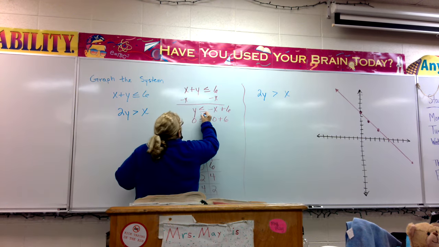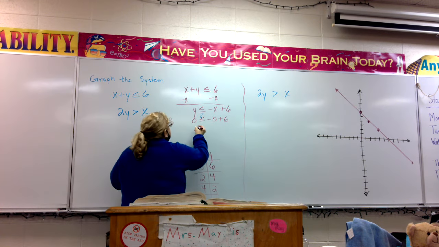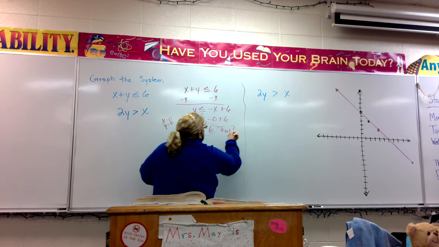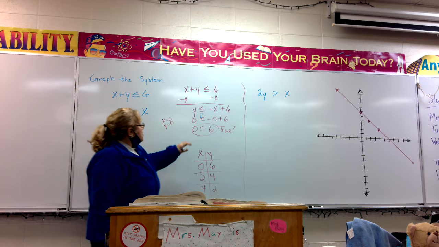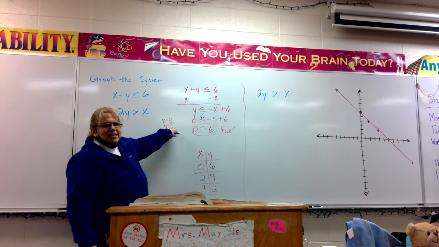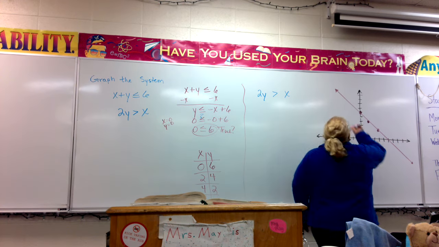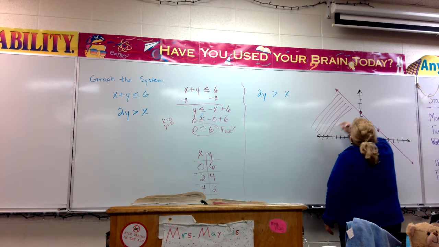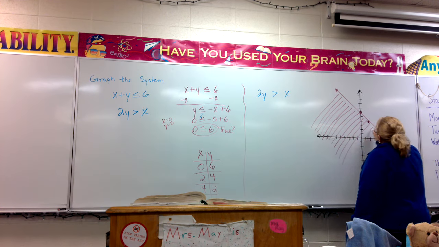And we want to know, is this true? Well, work it out. 0 less than or equal to, what's 0 plus 6? Is this true? If it's true, that means this point, 0, 0, is part of the solution. And so if it is part of the solution, this is the side that we color all nicely.